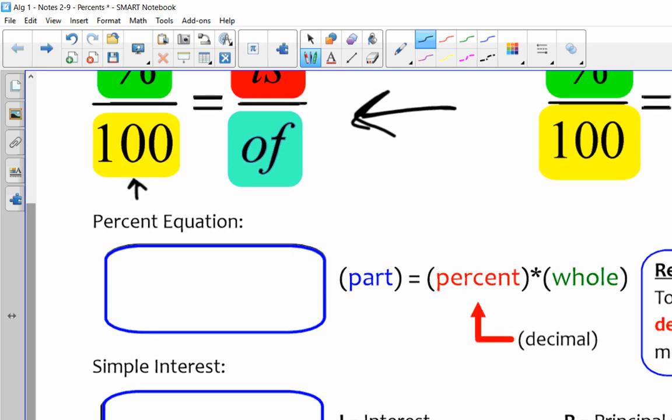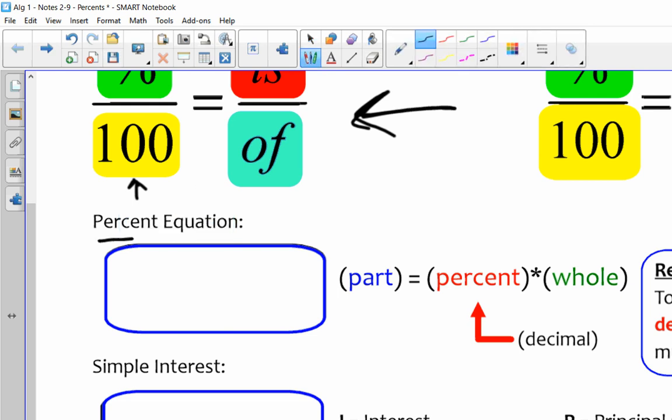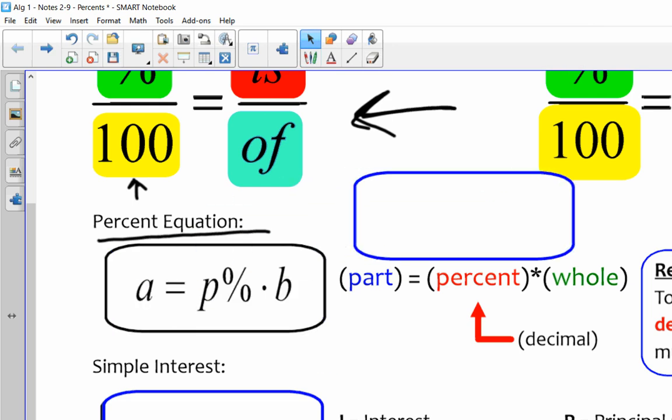Okay, this percent equation here underneath it is another way to do the same problem. It's just this one seems to give kids a little bit of issue. I would write it down. It's the same thing. You use a percentage.